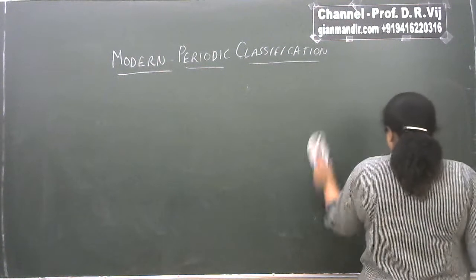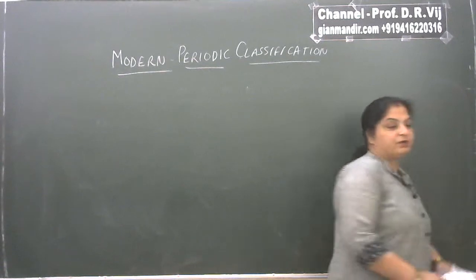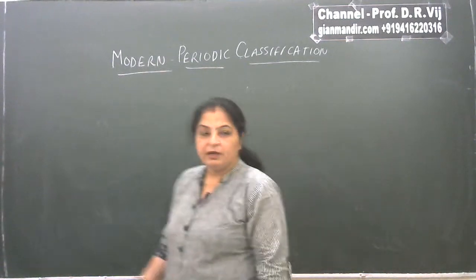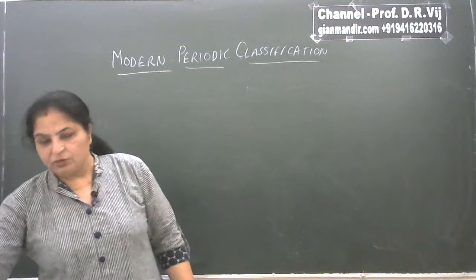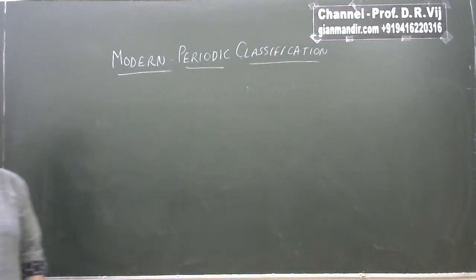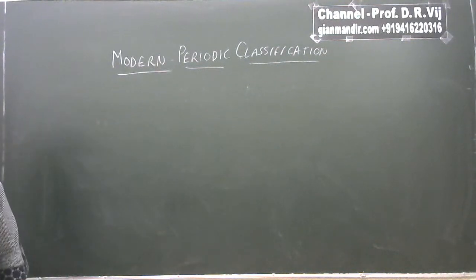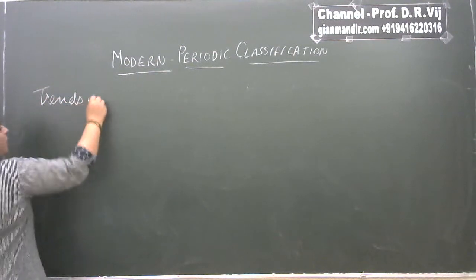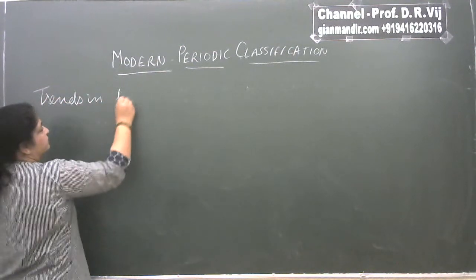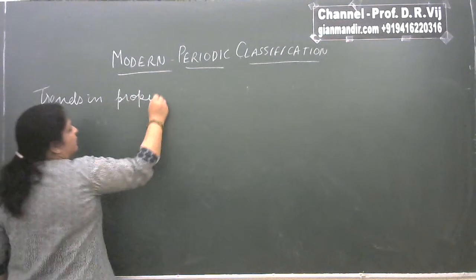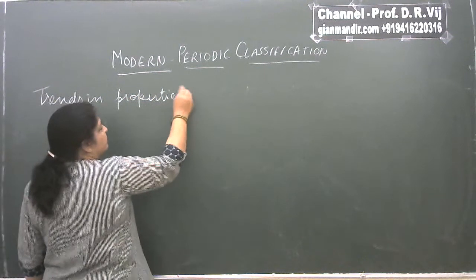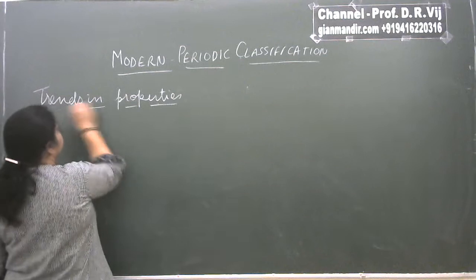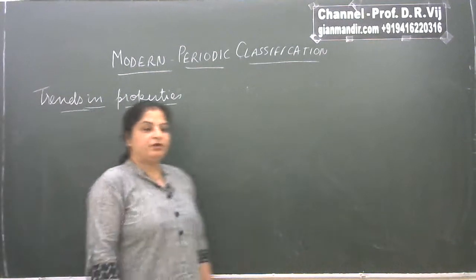Now if we look at the properties of elements, because here we are getting a regular trend in their properties, we can look at the trends of properties of elements in the modern periodic table. What do we mean by trends in properties?